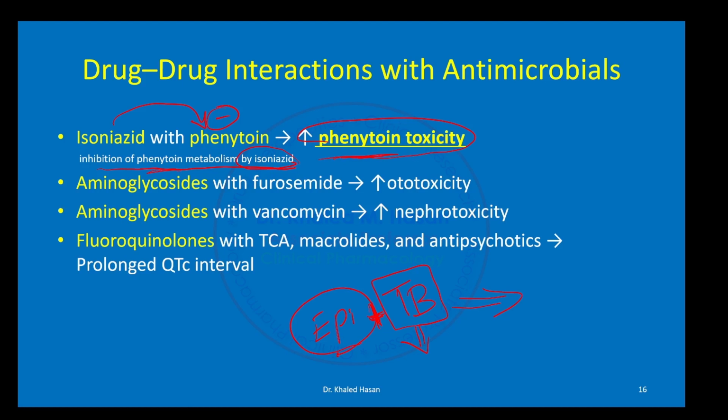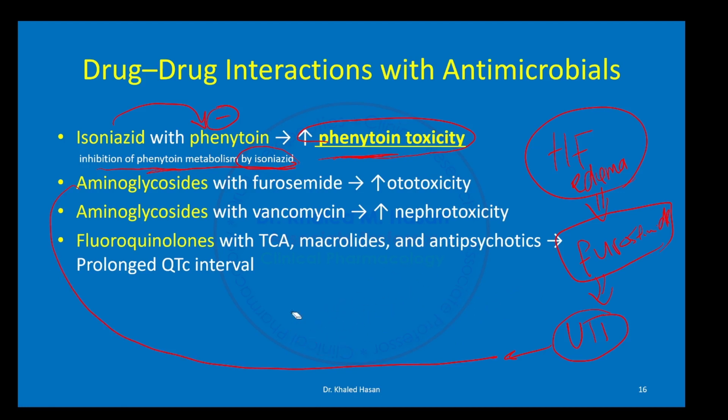Number two, very important, popular in the practice here. For example, let me say we have a patient suffering from heart failure with edema, and the cardiologist placed him on furosemide as the loop diuretic, and for some reason the patient comes to the hospital due to urinary tract infections, and the paramedics prescribe an aminoglycoside to treat the urinary tract infections.